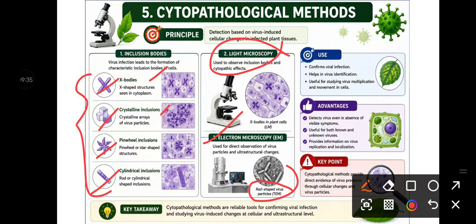There are two types of microscopy: transmission electron microscopy and scanning electron microscopy. But virus study can only be done with transmission electron microscopy. Its various uses: it can confirm the virus, and is useful for identification and for studying virus multiplication. These are normal things.